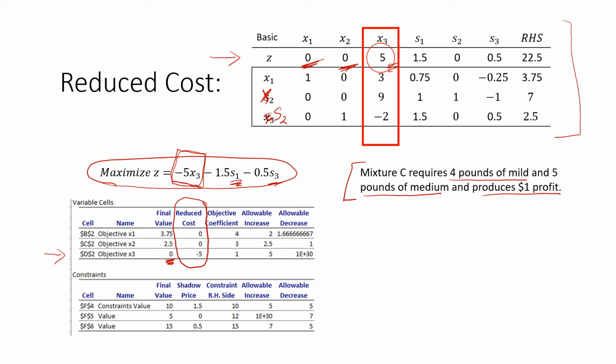Take a look at the shadow values, the shadow costs for this. 4 pounds of mild. So the cost of producing this, it takes 4 pounds of mild times what? What's the value of the resource of mild coffee? That's the shadow value. The mild, that was our first one. The shadow price was 1.5.